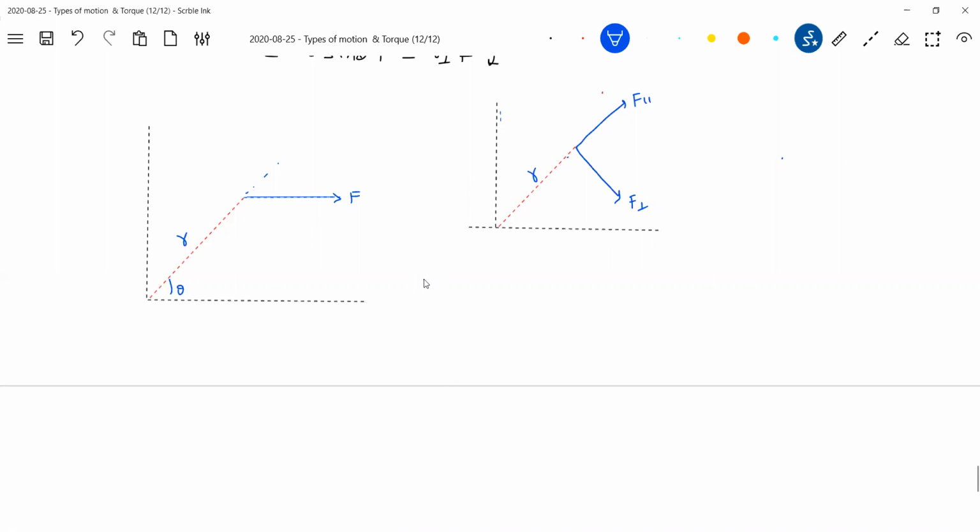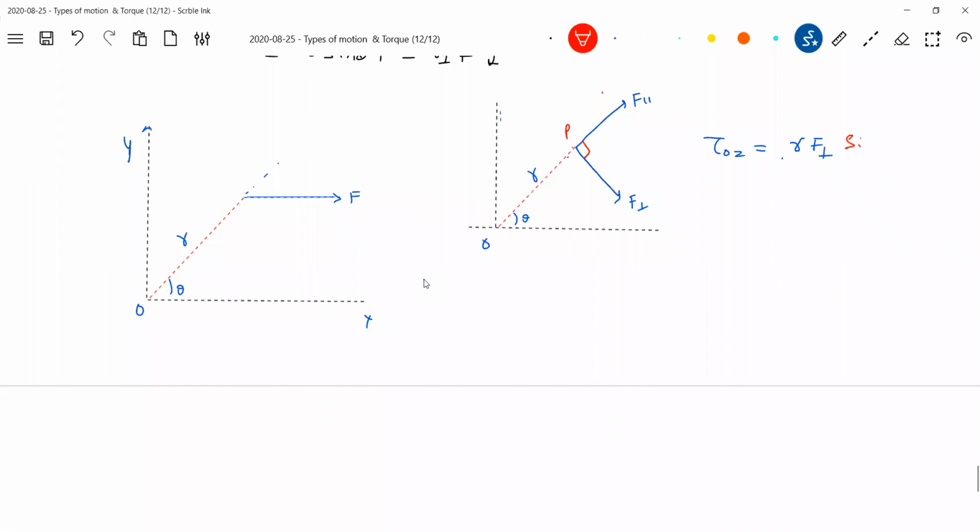Try to see this angle, 90 degrees. What is the torque due to F parallel? It will be 0, no? Torque about O. We are discussing torque about the axis passing through O perpendicular to the plane. So torque about O, OZ, should be equal to, shall I write directly, R, F perpendicular. What is the angle between R bar and F perpendicular?